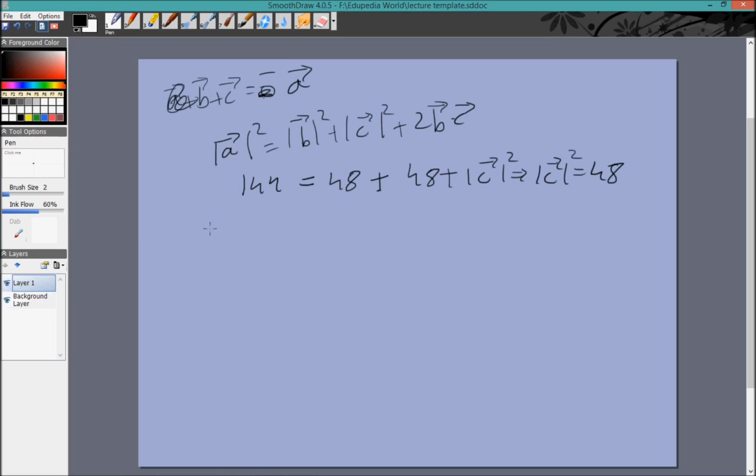Then we need mod of A cross B plus C cross B. Right.